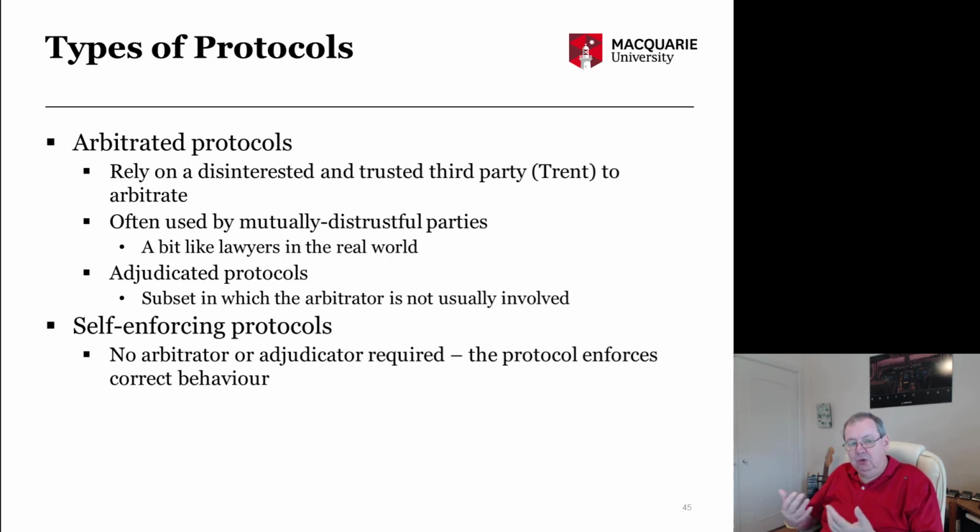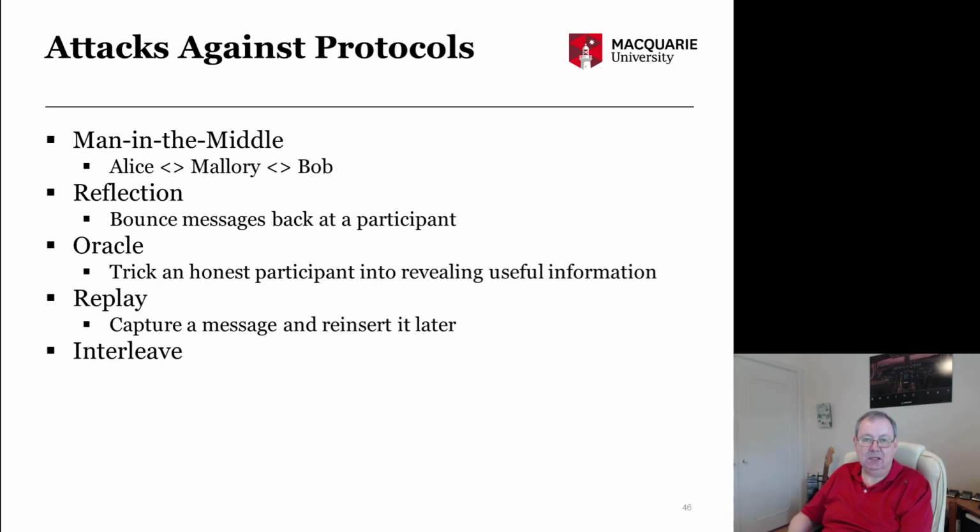Instead, we want the protocol to enforce the correct behavior on the various parties. Either they do the right thing or they don't, right? The protocol stops and nothing else happens after that point. And so we prefer the self-enforcing protocols these days on the internet. Now, we've talked earlier about various different kinds of protocols.